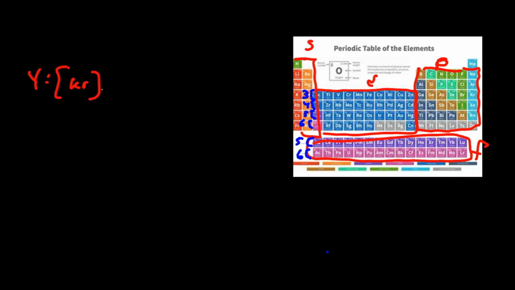Then we have 5s2, because the s orbital is full. And then we'll have 4d, and it will be the first electron, so 4d1. So this is the electron configuration for yttrium.